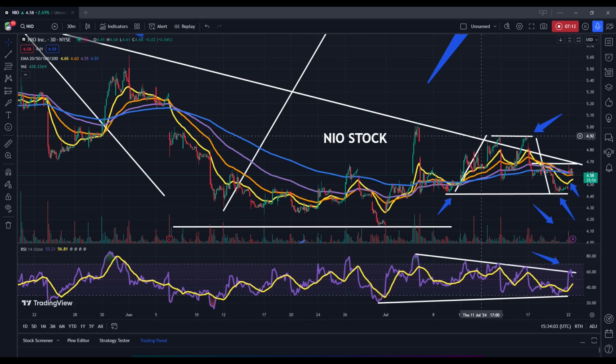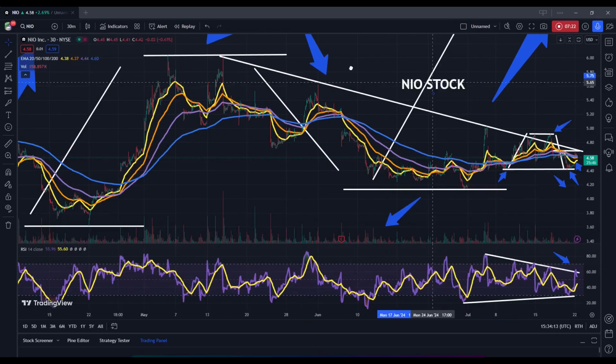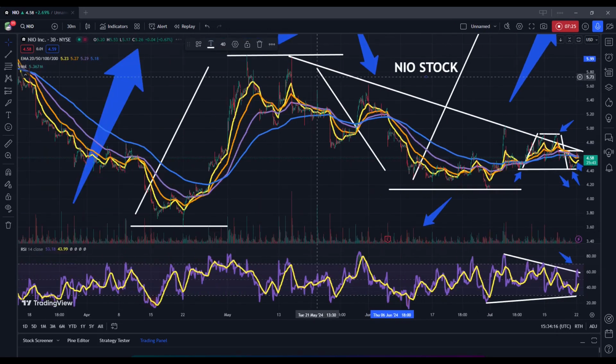So if we do see a break here, we should probably be seeing some follow through above $5 as well. But most importantly, in my view, what we're really looking for is a sign that this descending triangle pattern is broken: this downtrend line, followed by this period of sideways consolidation.